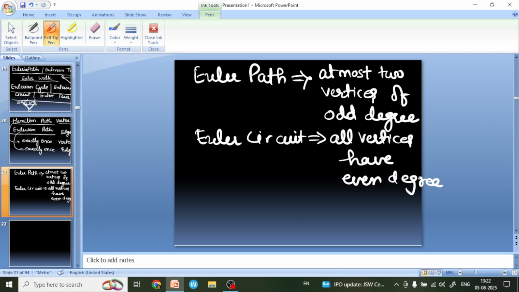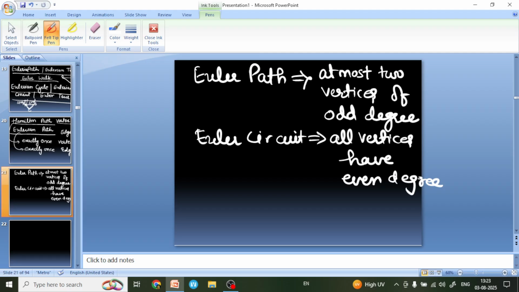In Hamiltonian graph, Hamiltonian path is that path which visits each vertex exactly once, and Hamiltonian cycle is a cycle which visits each vertex exactly once, except for the starting vertex, which is visited once at the start and once again at the end.